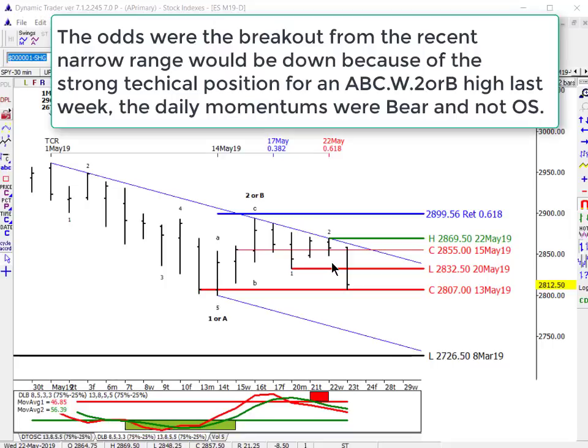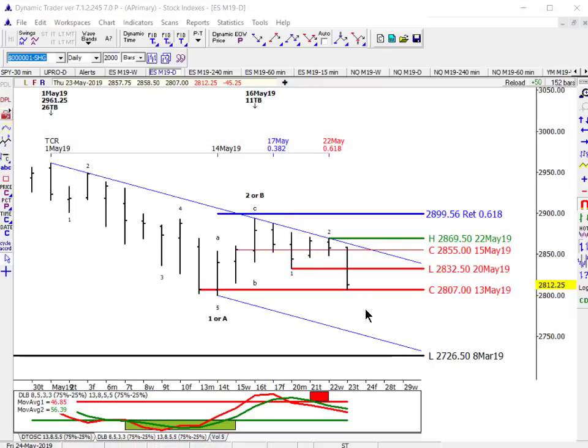Because the daily momentums were bearish, and because of the strong time, price and pattern relationships at the probable wave 2 or B high, that pop was going to be to the downside, and we've got quite a ways to go on the downside before this immediate decline is complete.